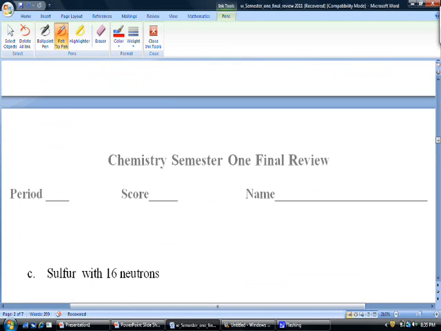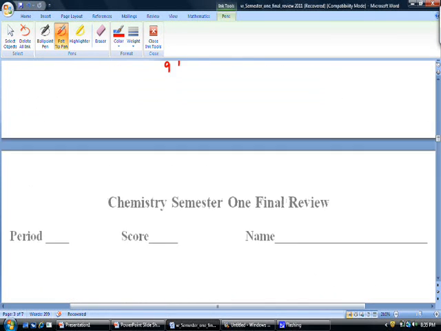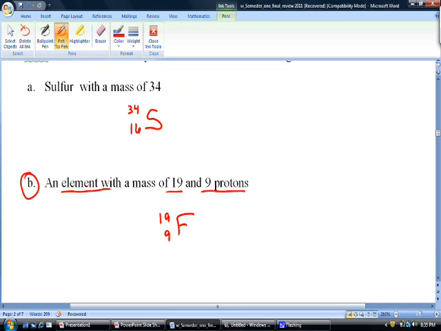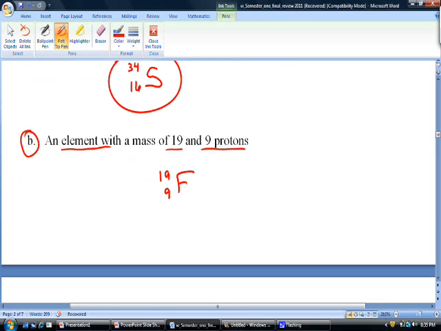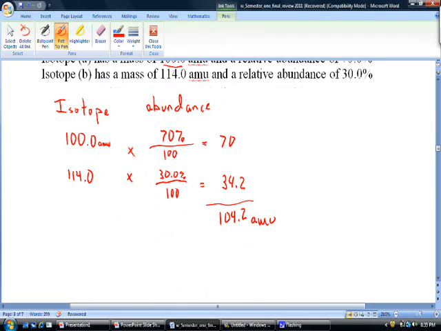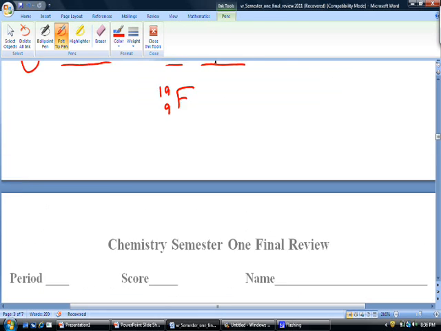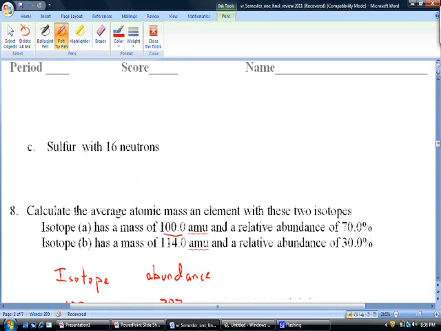And I think there's one more. There it is, C. Sulfur. Did we do sulfur up here before? Yes, we did. Now remember, here it may be a different isotope of sulfur, because this sulfur up here is at a mass of 34.